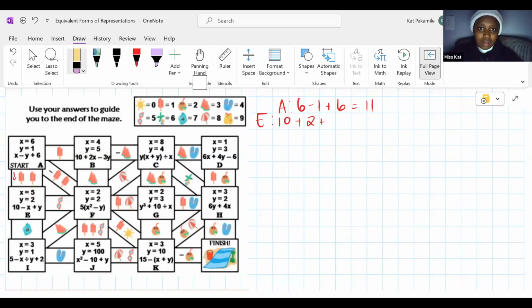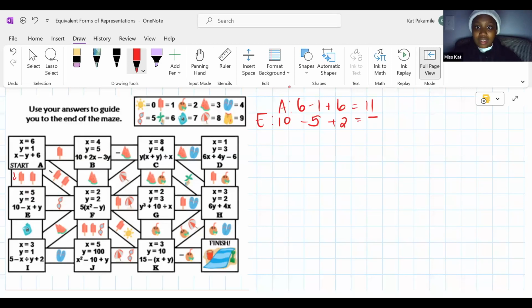Okay, let me do this. So it was 10 minus 5. Wasn't it minus 5? Look carefully. It was 10 minus 5 plus 2. So 10 minus 5 is 5, plus 2, which equals 7.